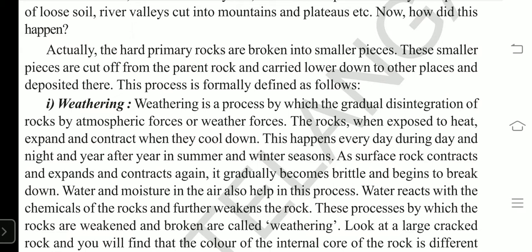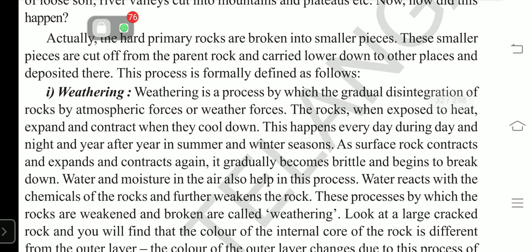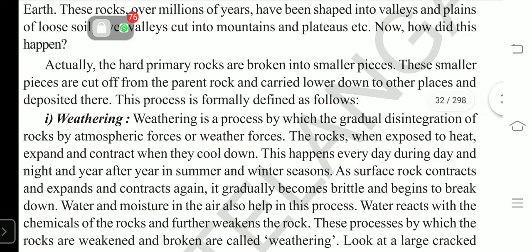What process? We see the gradual breaking of a rock into small pieces by atmospheric forces or weather forces, right? The surface of the rock, it may be the rock, or the plateau, or the plains, in all these places, what do we see?